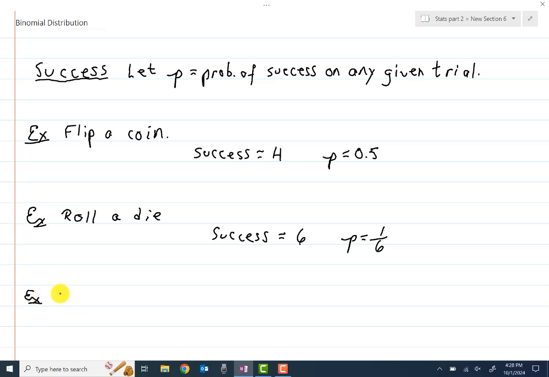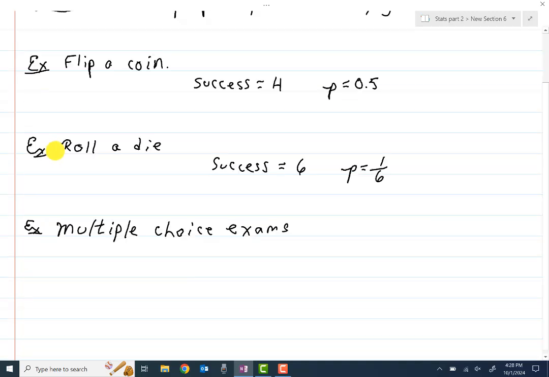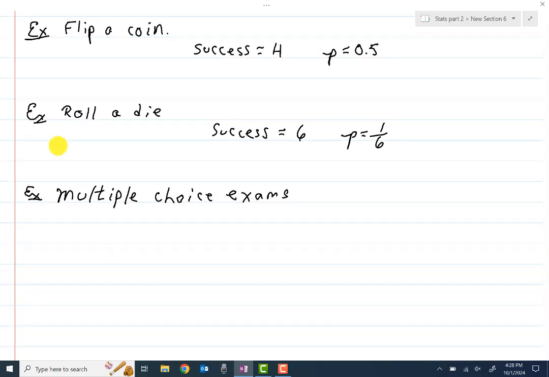Another one where these seem to come up a lot is multiple choice exams. So suppose you have one where you have 5 choices for each question.